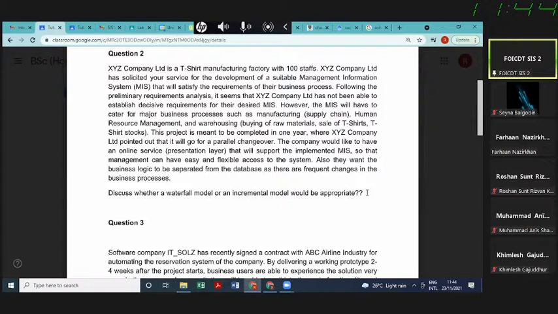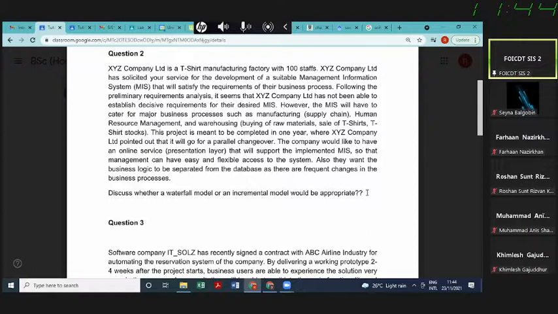So the way you answer the question is going to vary depending on the number of marks given. Normally for such a question, you can have 1 mark for choosing incremental, and perhaps 3 or 4 marks for the justification why incremental is better.